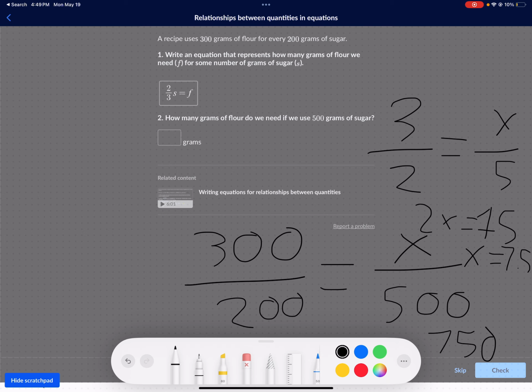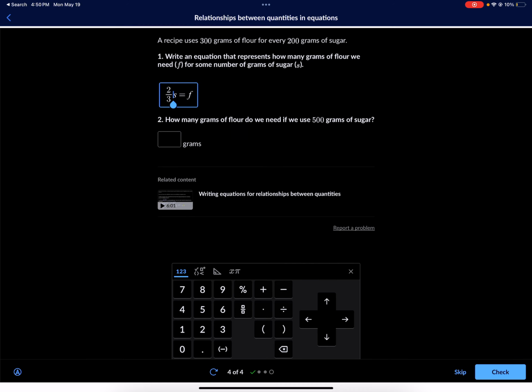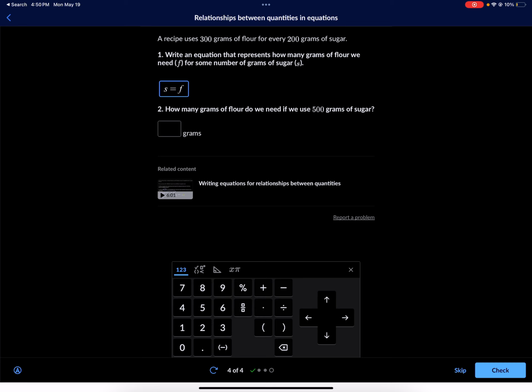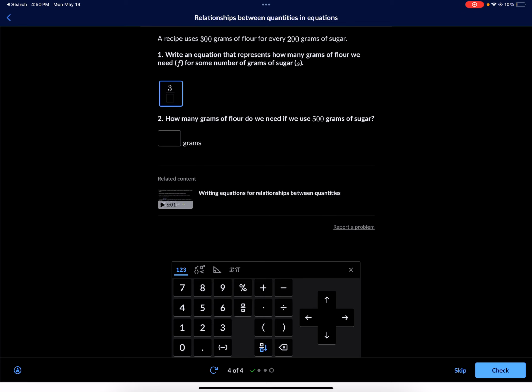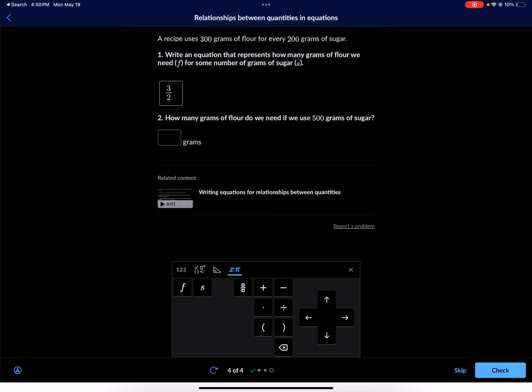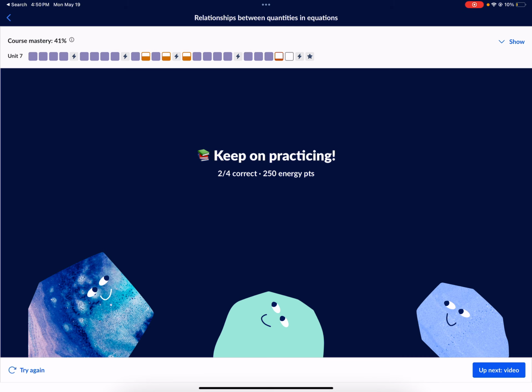So we were right the first time. That is very surprising, actually. I thought it was the other way around. So let's go ahead and just adjust our answer here. So 3/2 S is equal to F. And then we get 750. So, if you got that right, good job, and happy studying.